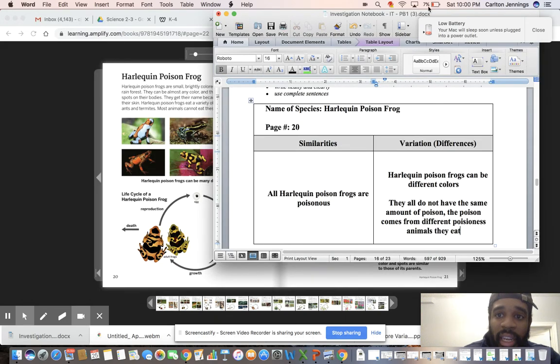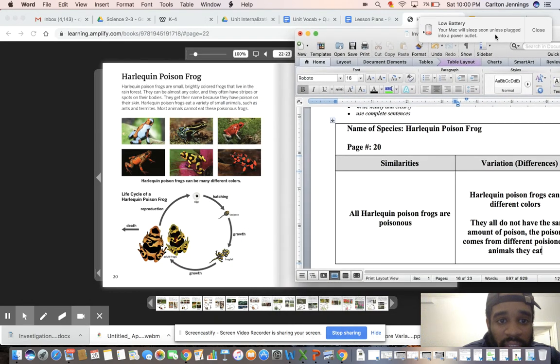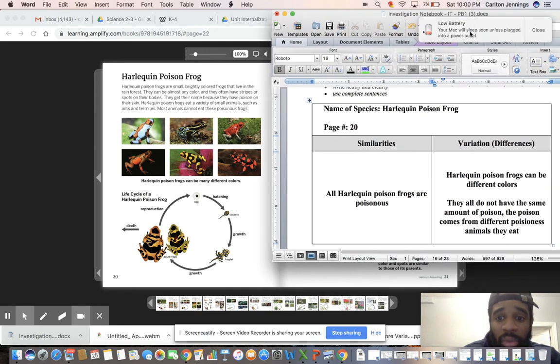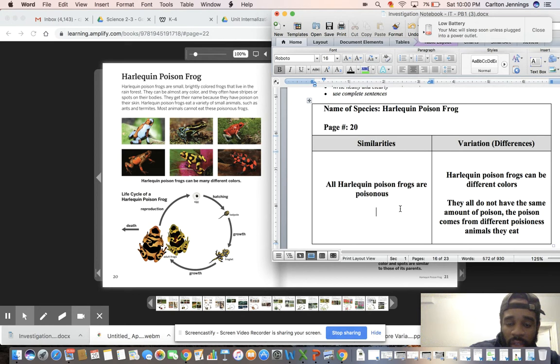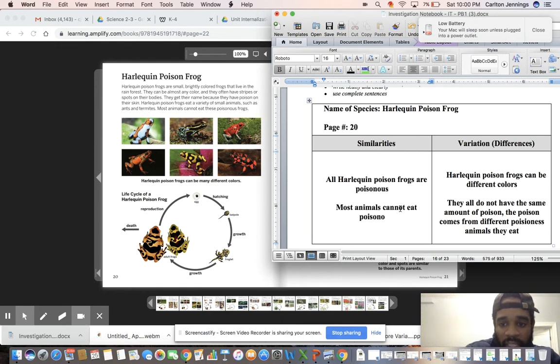Need another similarity. So another similarity is most animals cannot eat poisonous frogs.